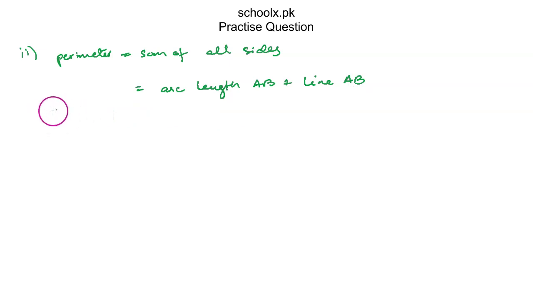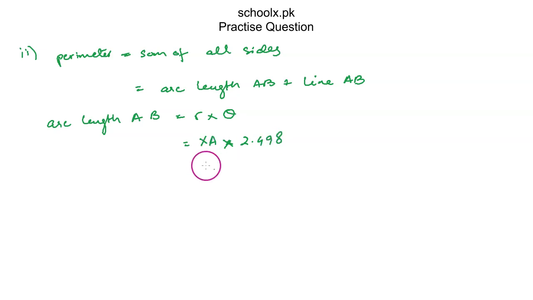Now arc length AB is R times theta, radius times the angle of the arc. R is XA, times theta. We found theta in the previous part, which is 2.498 radians. We don't know XA.